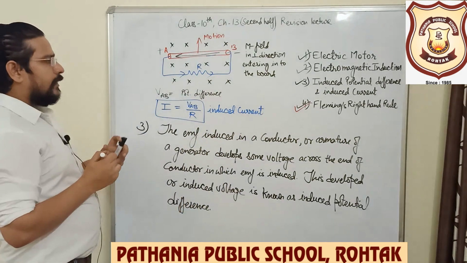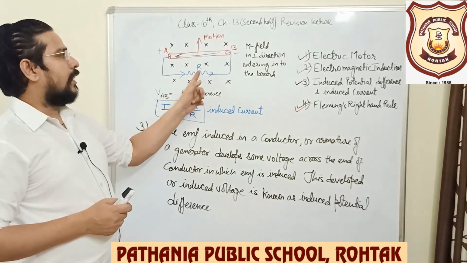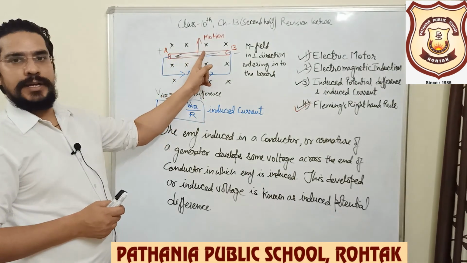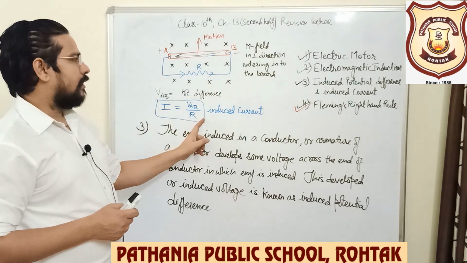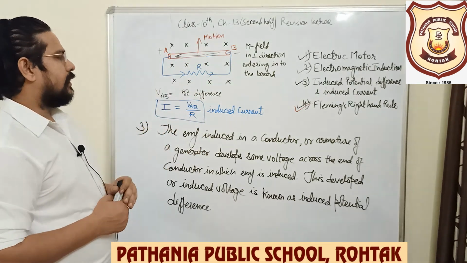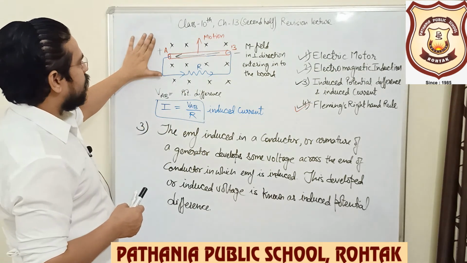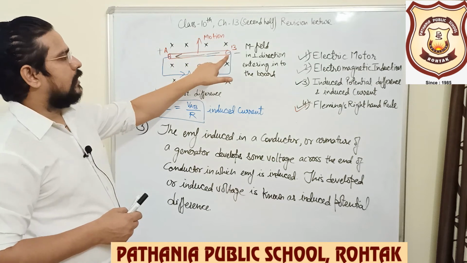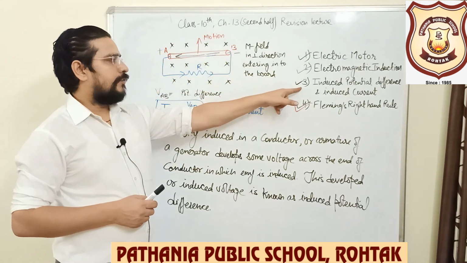And if you want to divide it by the EMF, then you must divide it by EMF divided by capital R plus resistance of conductor itself. Then you will get the same current, EMF divided by capital R plus small r. But for now in class 10th, there is no need to go into much detail. You only understand that by Ohm's law, the voltage across the ends of conductor in which EMF is developed is known as induced potential difference.